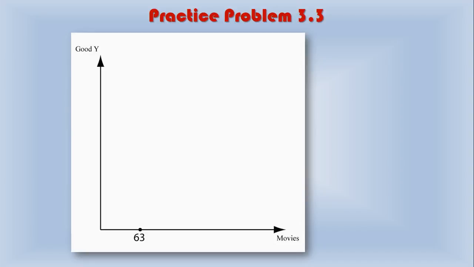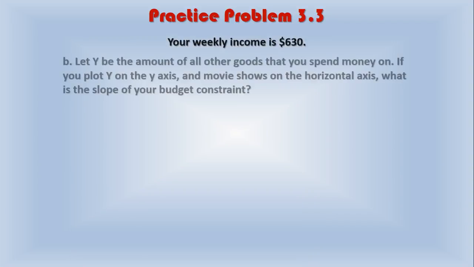And basically it represents the leftover income after you consume the amount of the good we're considering, in this case, movies. So the most you could consume of movies is 63, which would exhaust your income, or you could not purchase any movies at all, and you would have $630. So let Y be the amount of all other goods that you spend your money on, which is the composite good.